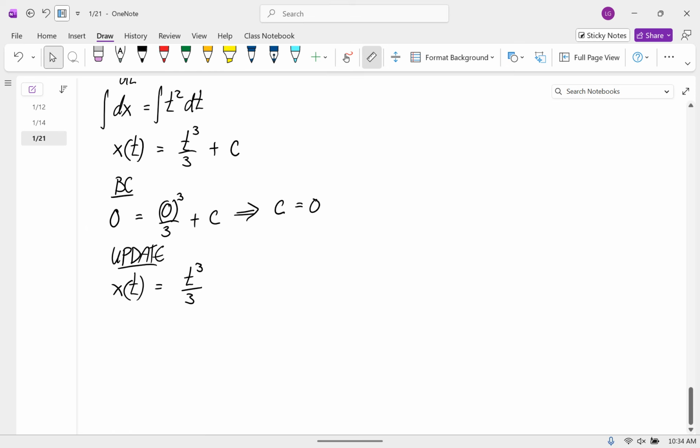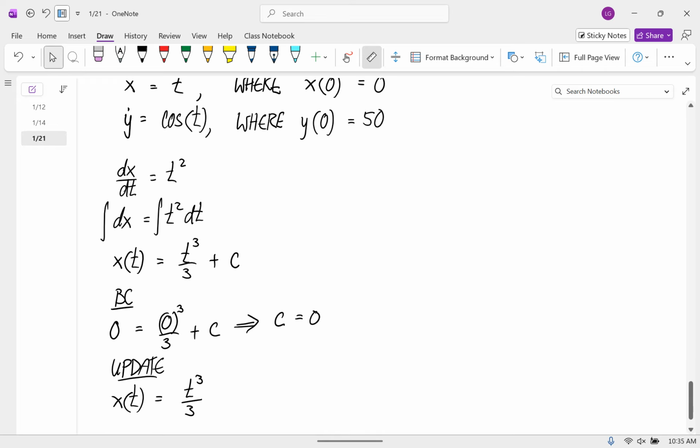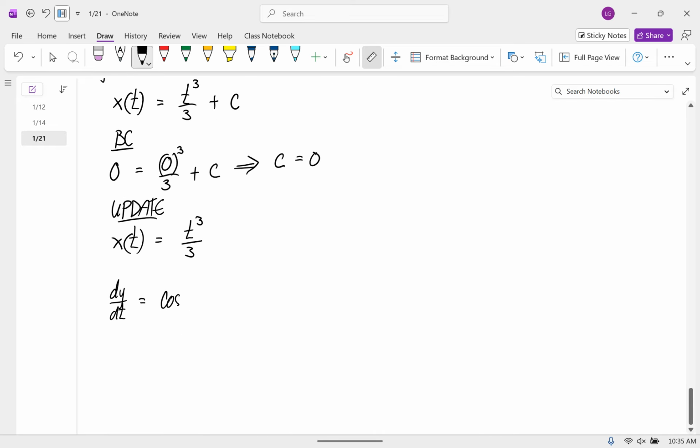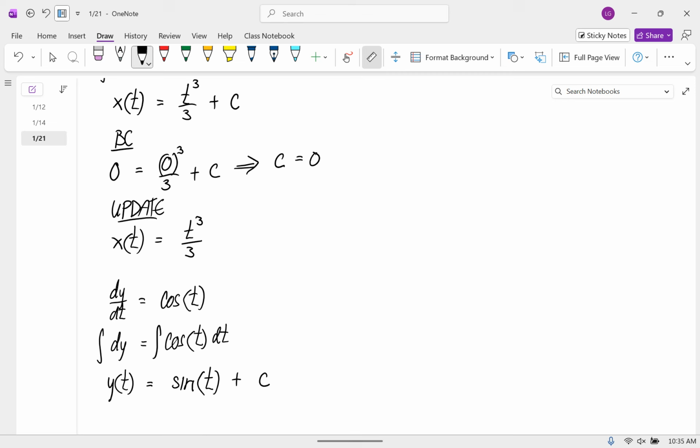And now we'll do the second one. We have y dot or dy dt is equal to cosine of t. So dy is equal to cosine of t dt. Integrate both sides. You get y of t is equal to sine of t plus a new constant of integration. Is that a negative sign? No, we're integrating. Yeah, I always have to think about that too.